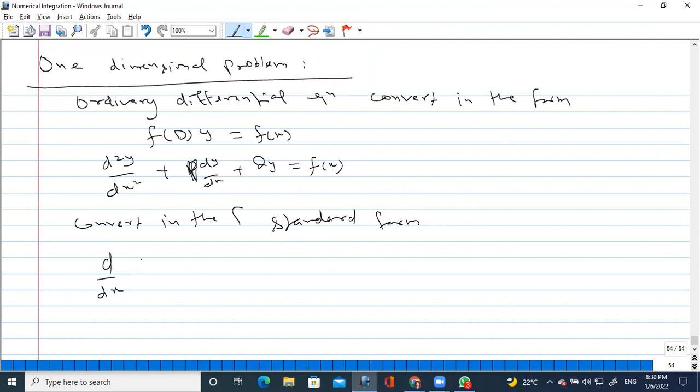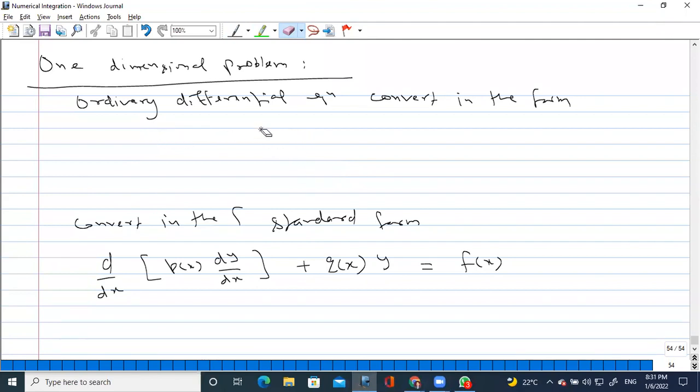d by dx into p(x) dy by dx plus q(x) into y equal to f(x). So in this form we have to convert. No need to write this. Just I told you that our equation is Ly equal to f(x). So from Ly equal to f(x), convert in the standard form.